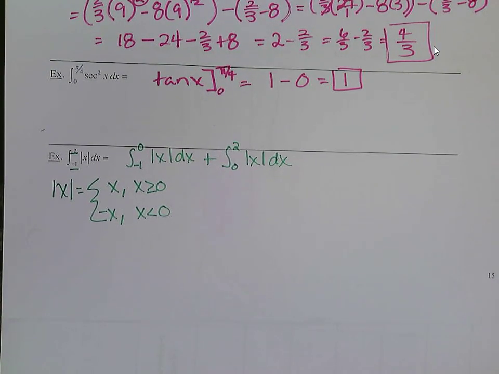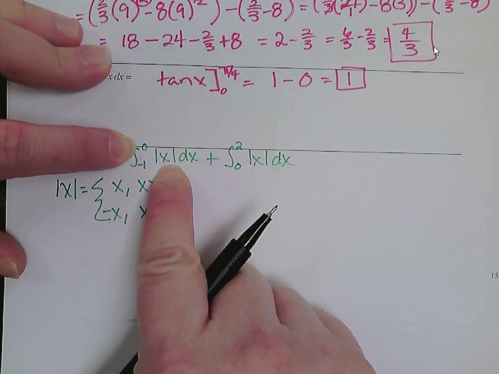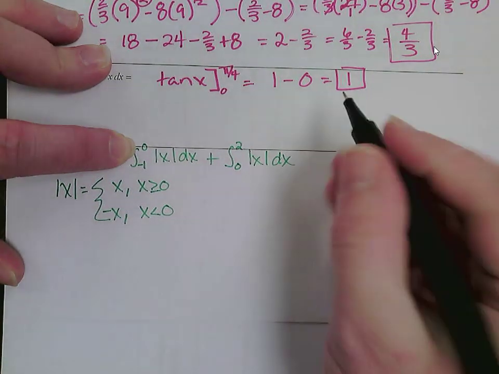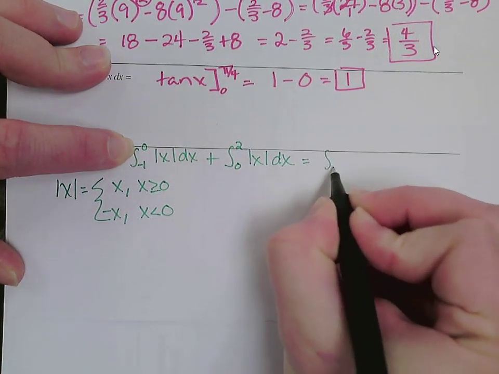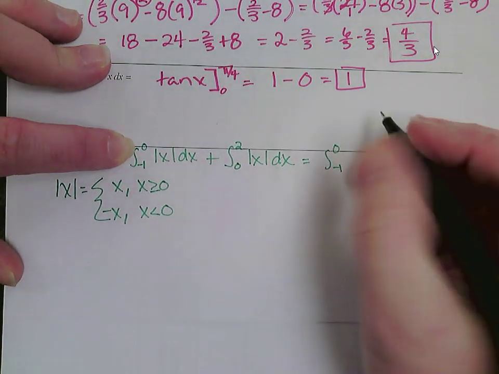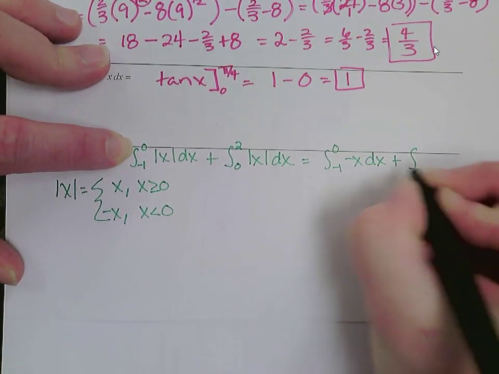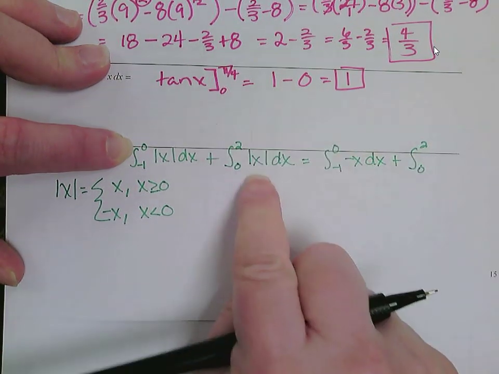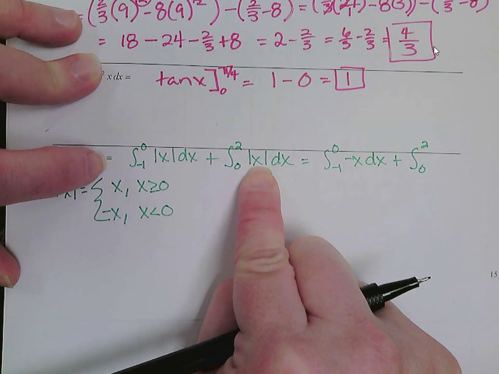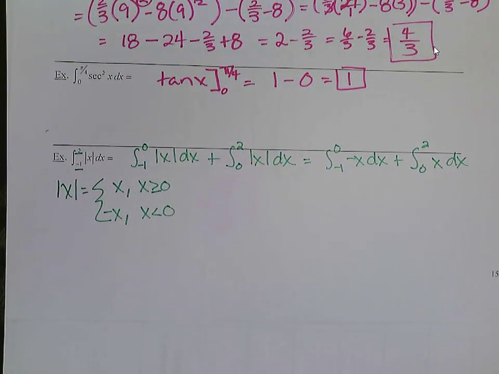Well, we just said that between negative 1 and 0, the absolute value of x is equal to the opposite of x, negative x, right? And between 0 and 2, the absolute value of x is equal to x. Well, that's pretty easy to evaluate.